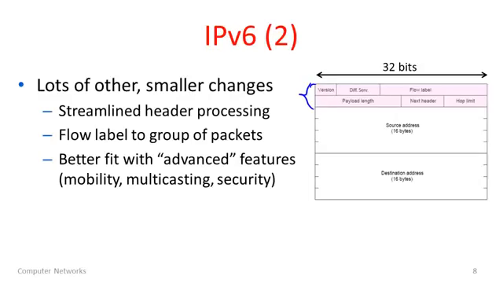You might notice, for instance, that the header length field has disappeared. The header has a fixed length here, and the next header points towards anything that's optional as well as the higher layer headers. You can also see that the header checksum has disappeared. That was something that maybe added a little bit of reliability, but it wasn't felt to be worth it and the complications in practice. So things have gotten simpler here.